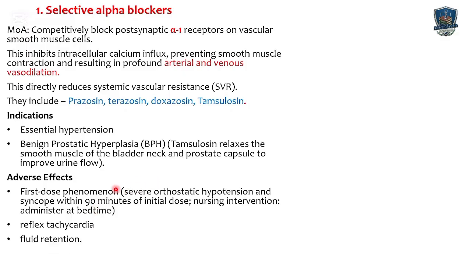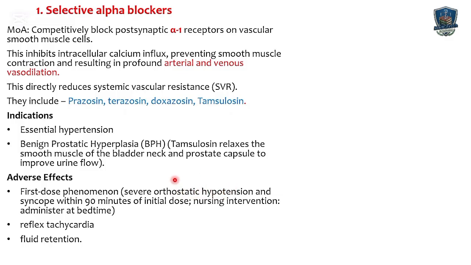You should know the definition of severe orthostatic hypotension. Please check on the definition of this. It's always a decrease in blood pressure that happens when one changes position. If you move from a sleeping position to a sitting position, there may be a decline in the blood pressure.